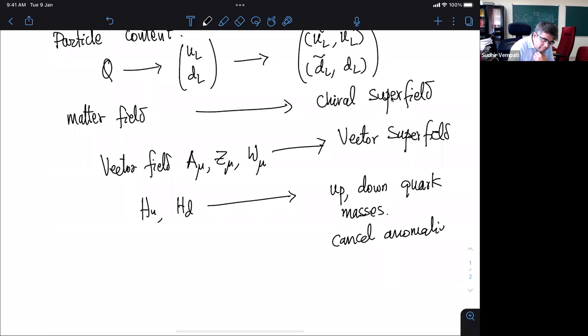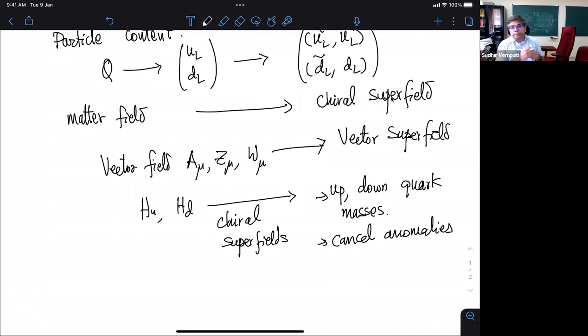Anomaly cancellation is needed because we are adding new fermions with the Higgs bosons. These are also chiral superfields, but they are new kinds of fermions in the standard model because they are charged under the electroweak gauge symmetry. Because you are adding new chiral fermions, they contribute to the chiral anomaly, so you need to cancel that. You need to add chiral fermions with opposite charges and opposite chiralities, which cancel the anomalies.